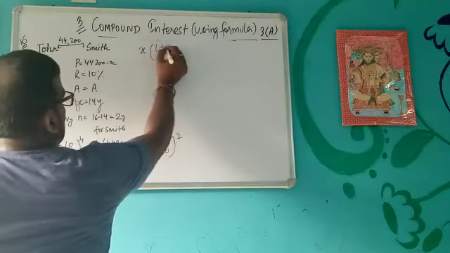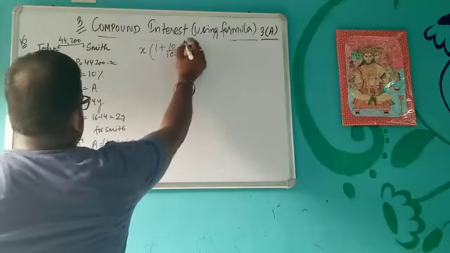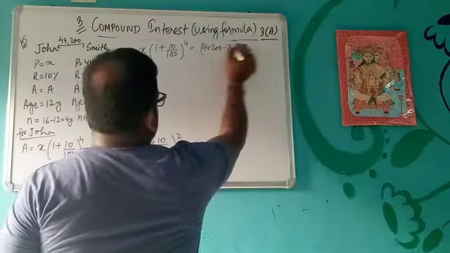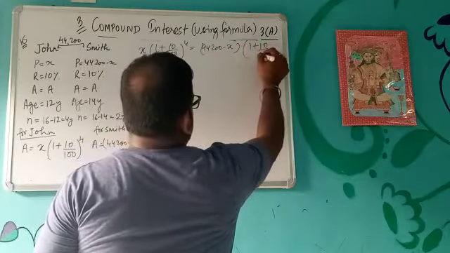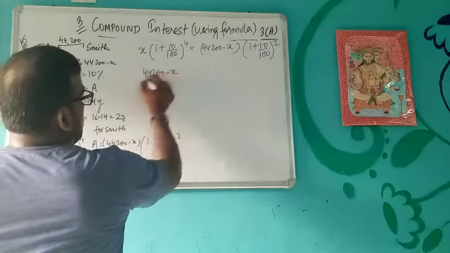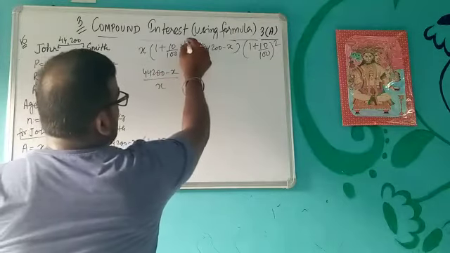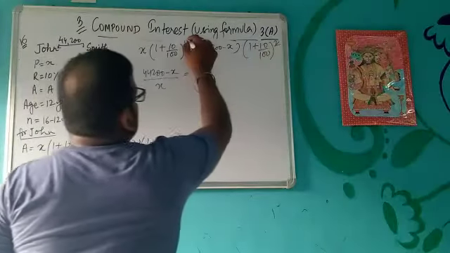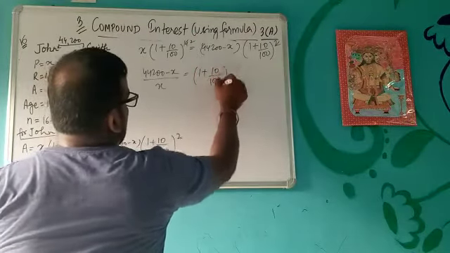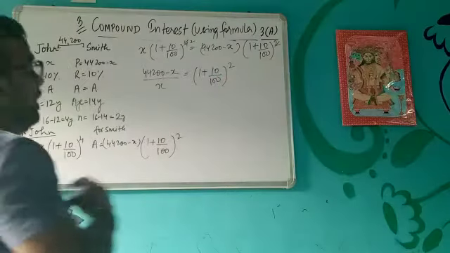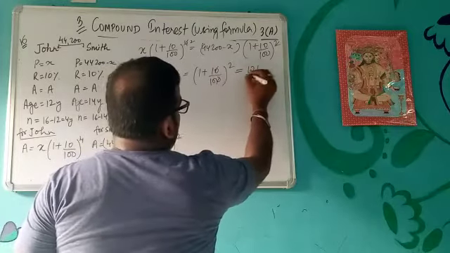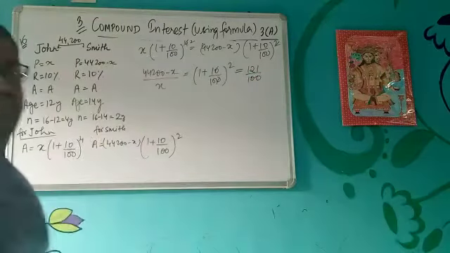So x into 1 plus 10 upon 100 to the power 4 is equal to 44,200 minus x into 1 plus 10 upon 100 squared. So the 2 powers will cancel out, so it will remain 1 plus 10 upon 100 squared, or after solving it, it will be 121 upon 100.